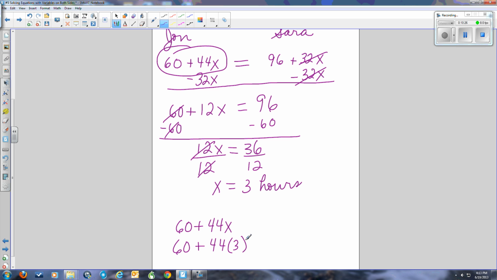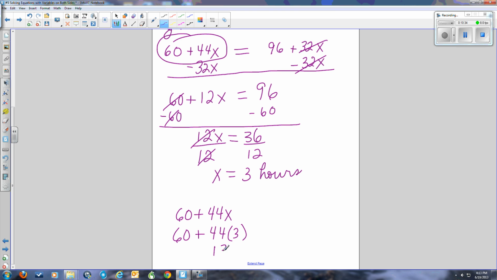And we need to do that multiplication first. And 44 times 3 gives us 132. If we add to that the 60, we get 192 bulbs. There's a 1 there. We'll put that right in front. There we go. 192 bulbs.